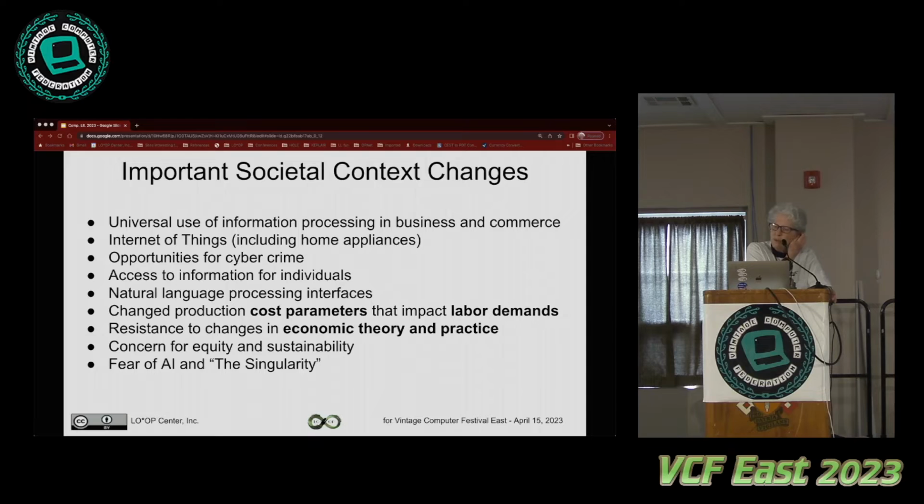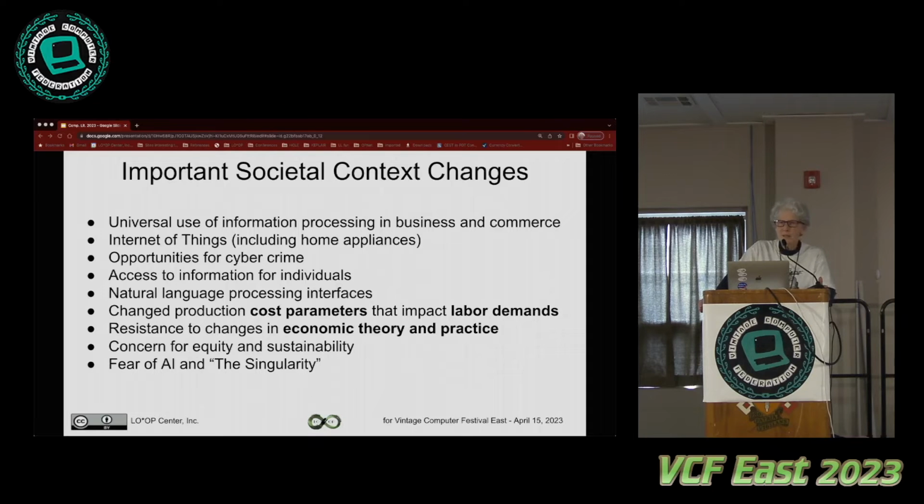We need to be aware of the changes in cost of producing different things. And that's not only the changes in cost of producing computers. That's the change in the cost profile model of producing anything. So whether it's supply chain shortages that change, depending on whether you're building electronic stuff or mechanical stuff.